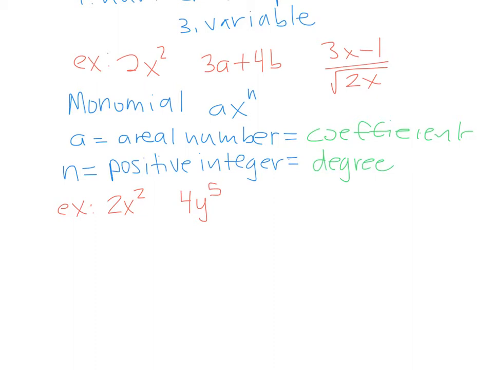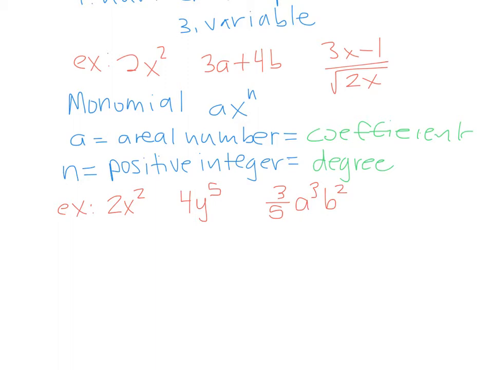Another example is we could have 3/5 a cubed b squared. That would count as a monomial. We can actually have two variables in there. And notice that our coefficient doesn't have to be an integer. In that case we have that rational number, 3/5, as the coefficient, and that works fine for a monomial.